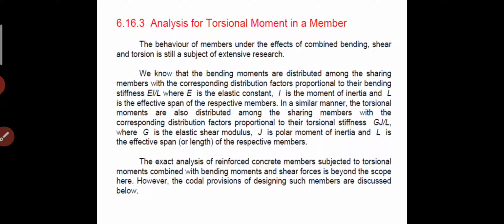We know that the bending moments are distributed among the sharing members with the corresponding distribution factors proportional to their bending stiffness EI upon L, where E is the modulus of elasticity, I is the moment of inertia, and L is the effective span of the respective members.